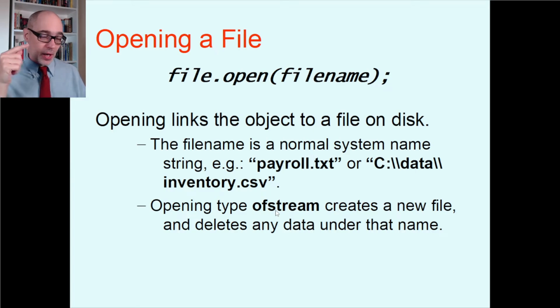And if a file already existed with that name, you just deleted it. So be a little bit careful about that. Opening an ofstream object with a name that already exists deletes the original file, and now you have a blank file with that name ready to receive new data. So just make sure you intend to actually do that when you open an ofstream object.